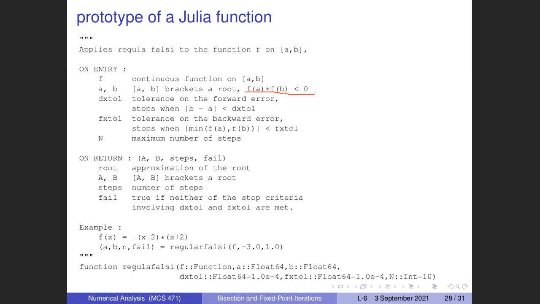Also, we need the same upper bound again on the number of steps, so that remains invariant. Here, what gets returned is not only the root, but also the bracketing of the root. But we will print out the backward error. So we will also print out the function evaluation at the root.